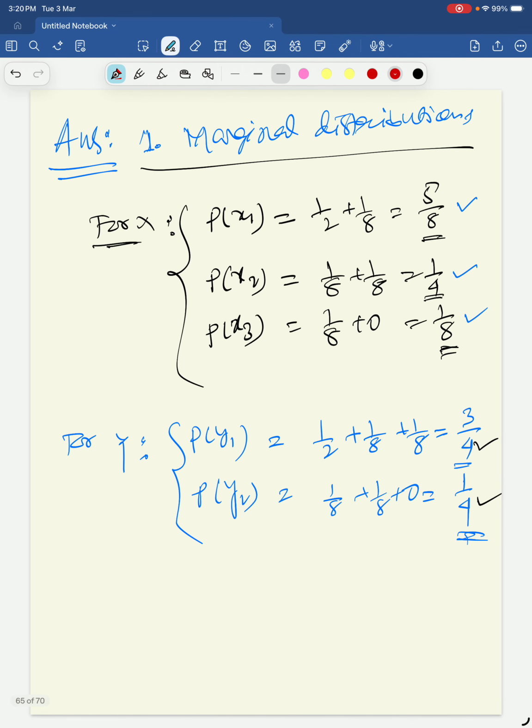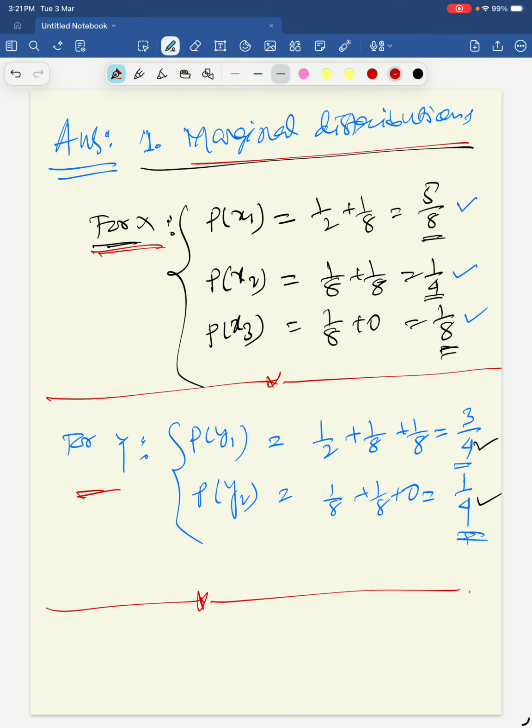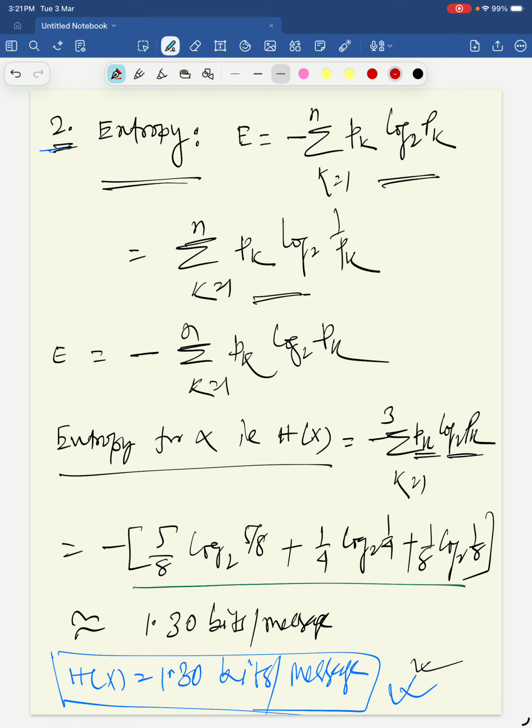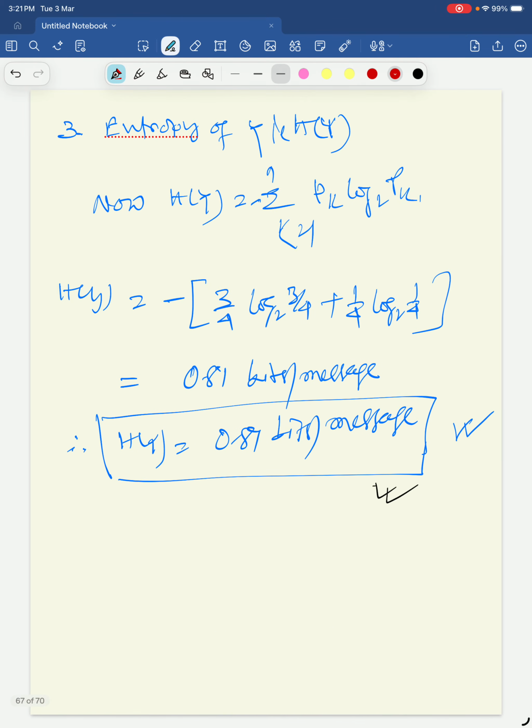Okay. Then first we calculated the marginal distribution of X and Y. So P of x1, P of x2, P of x3 we have calculated. Now P of y1, P of y2 we have calculated, important. Then simple entropy for X we calculated, and entropy for Y we calculated.